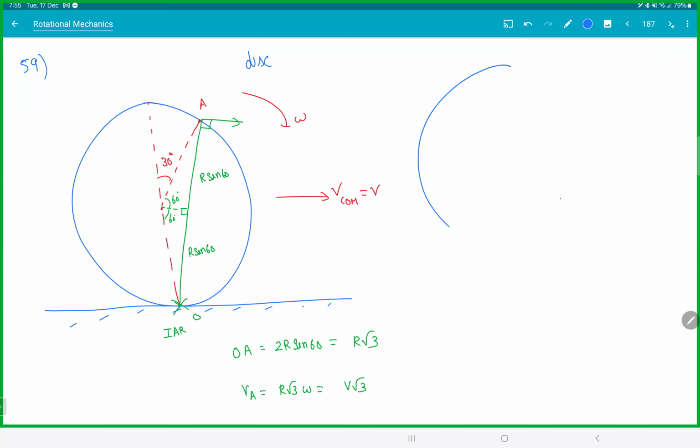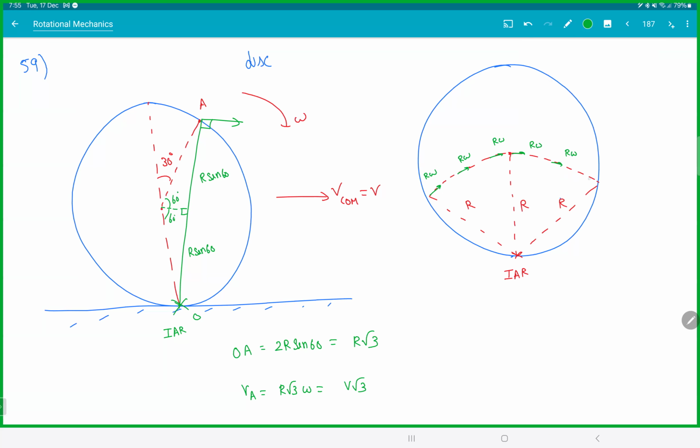How many points on the disk have speed v? Now ask yourself, from IAR, if you take the center of radius r, all the points on this circle which are at a distance of r will have a speed r omega, isn't it?